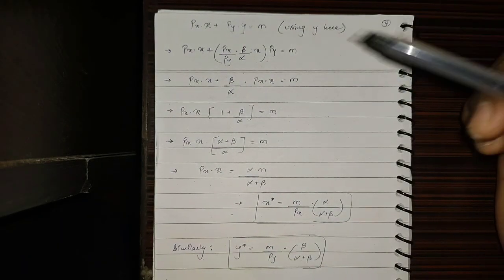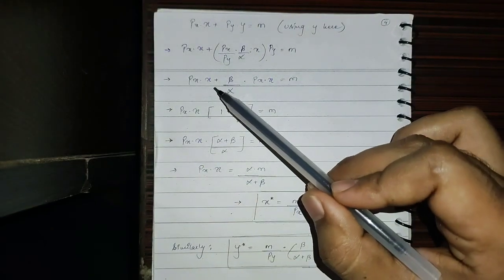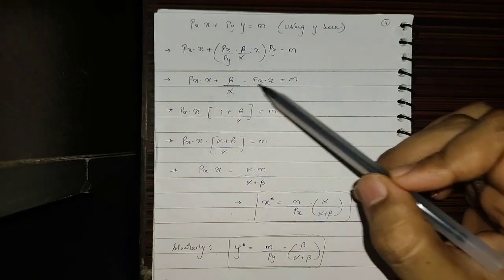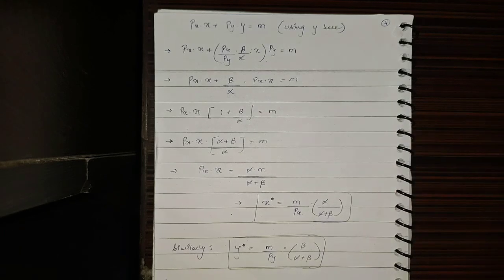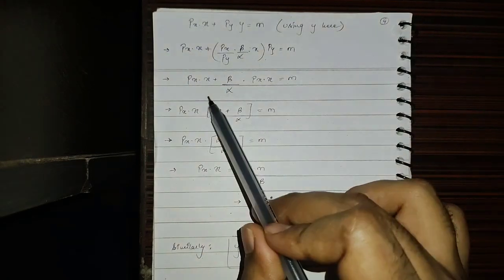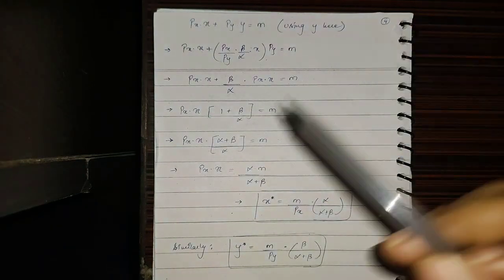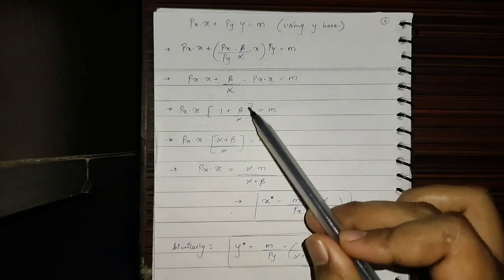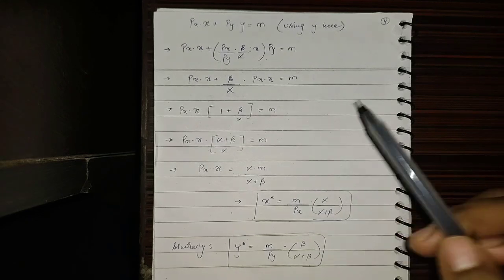Once cancelling out, we get the equation as px multiplied by x plus beta divided by alpha into px multiplied by x equals m, which is the income. From this equation we can take out px and x common. Once we do that, the inside expression is 1 plus beta divided by alpha, equals m.